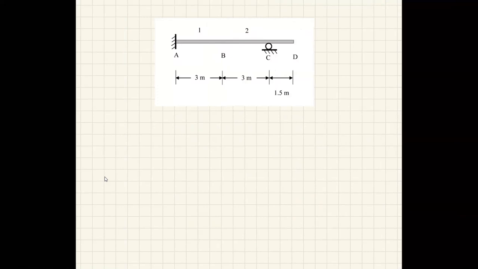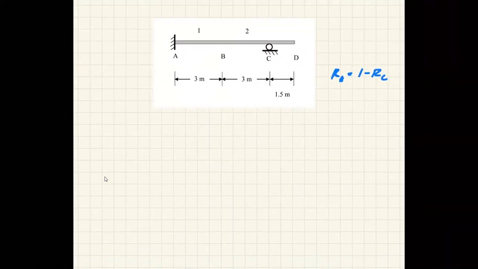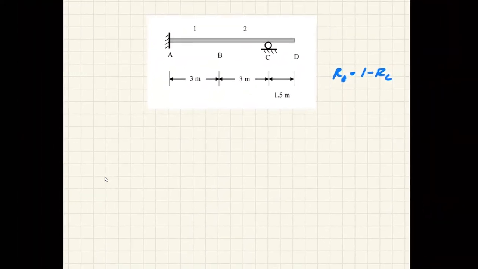For this, now RA is very simple. RA is now equal to 1 minus RC, right? Simple as that. So you're going to have RA that looks like, maybe I should enlarge this a little bit. Oh, not like that. I can't do anything with the picture anymore.